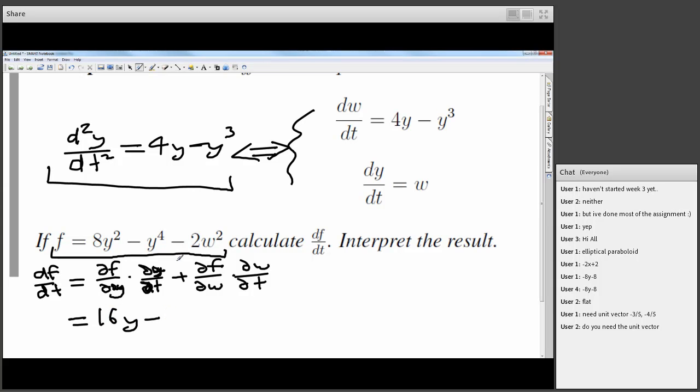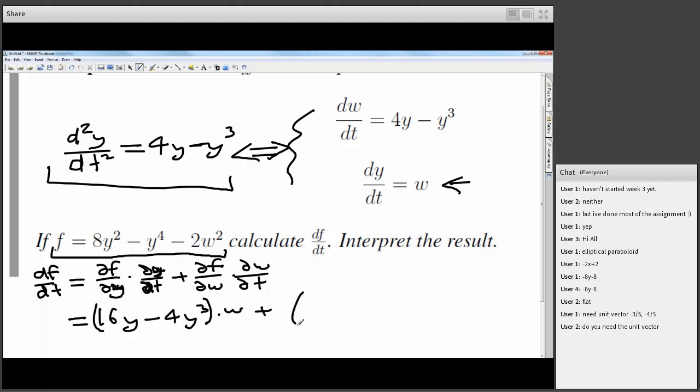The partial derivative of the next term would be 4y cubed, and the partial derivative of the next term with respect to y would be nothing. We multiply that by del y dt, or just dy dt. And dy dt, we know from over here, is equal to w. That's our definition of our differential equation.